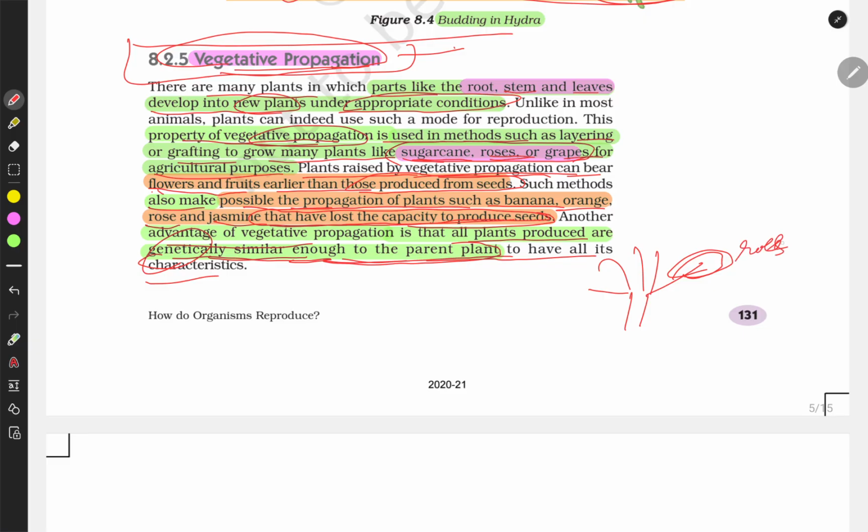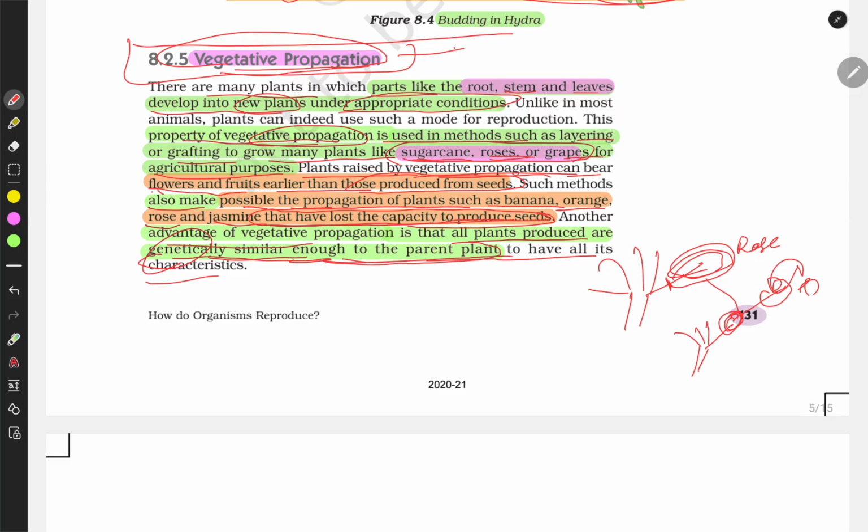What can be done is I can cut its branch from here, and I can implant this branch on another type of tree. I can implant this here, and again the roots will develop from here.